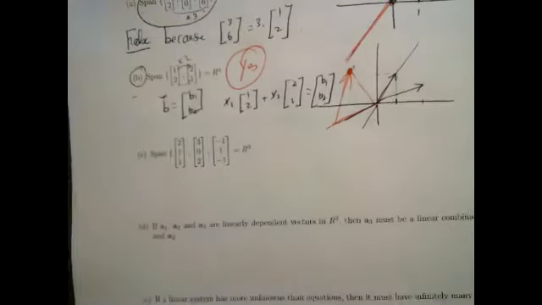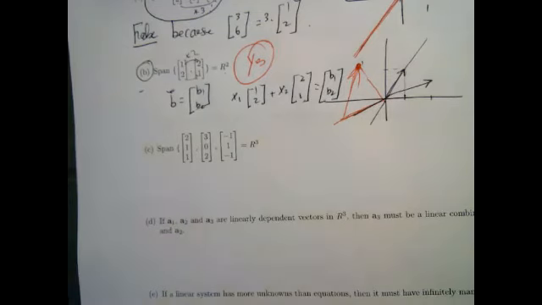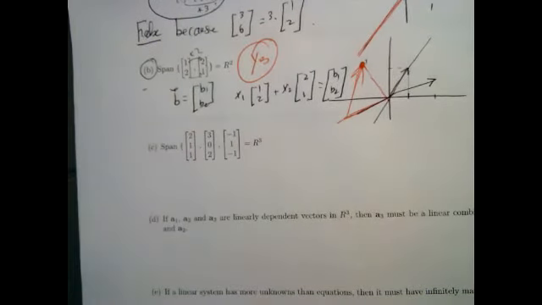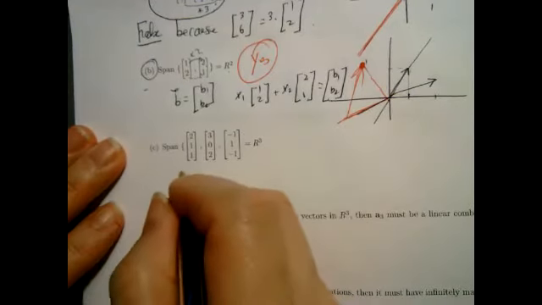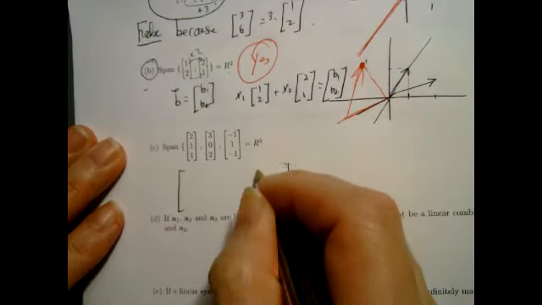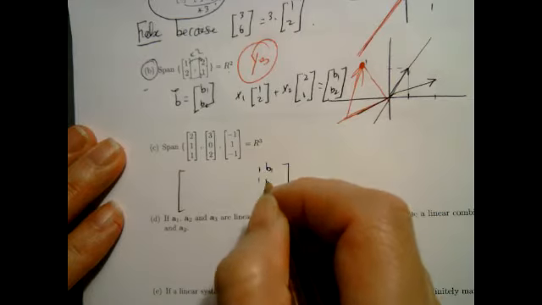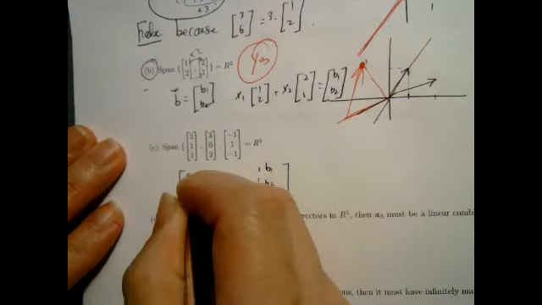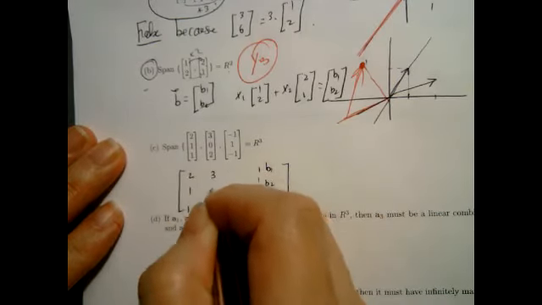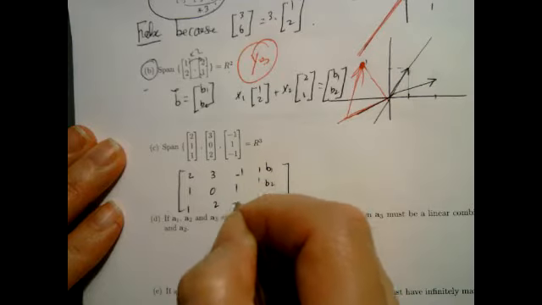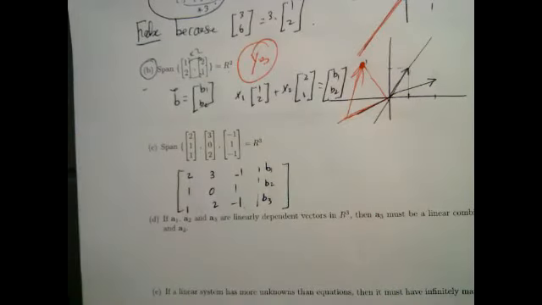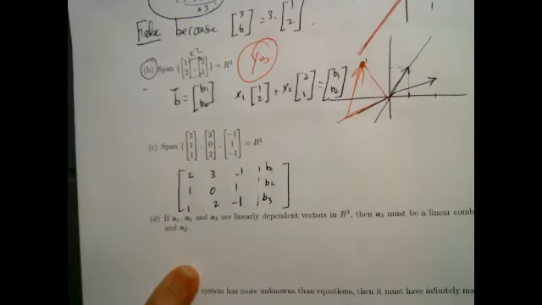All right, C. This is harder. Is the span equal R3? Again, since there are 3 vectors, we actually don't know. I ask myself the same question. So if I take any vector b1, b2, b3, can I write it? Yes or no? That's really always the same question. I don't know.